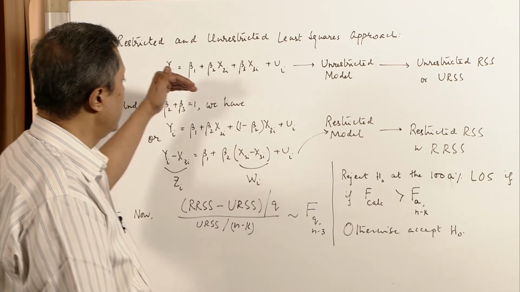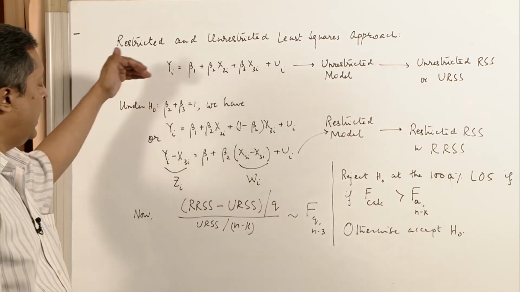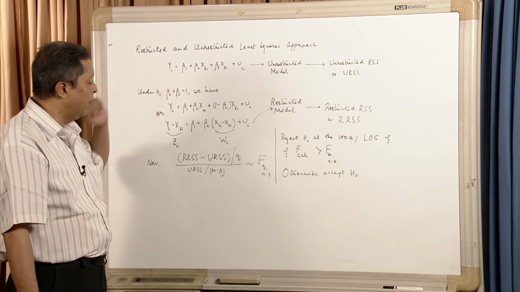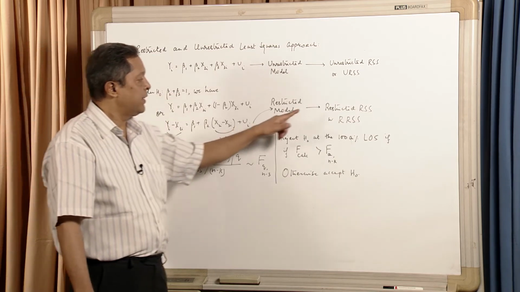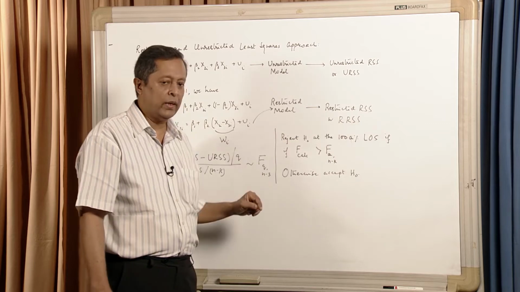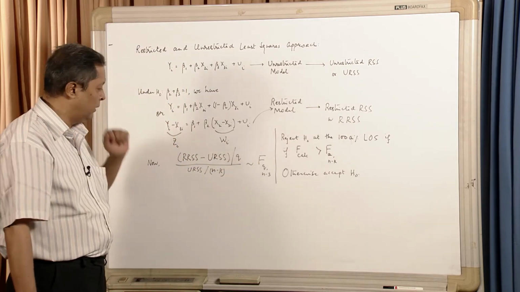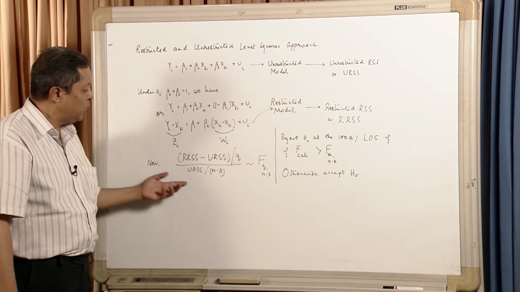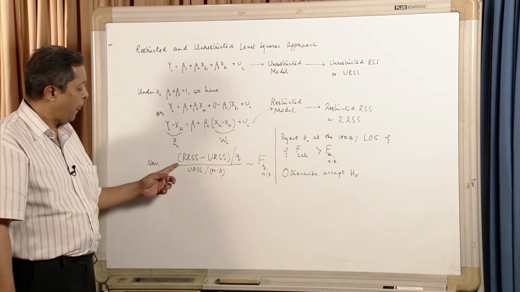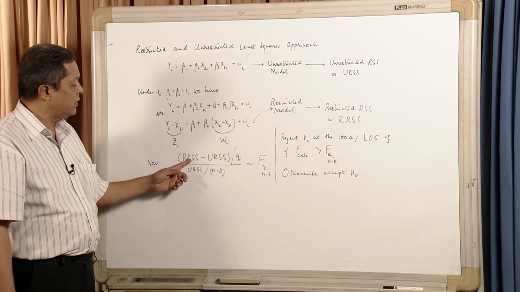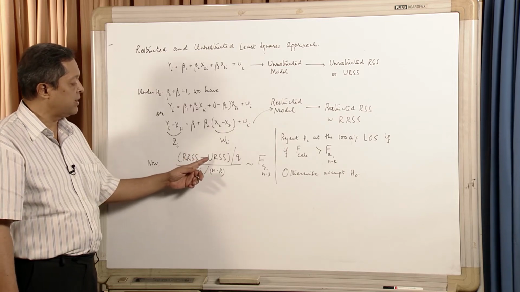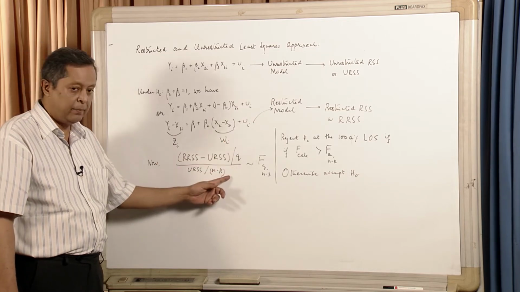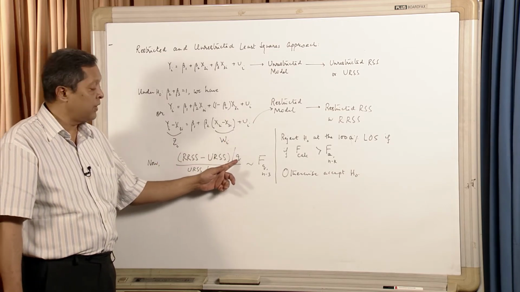So, we have an unrestricted model, the original model, and we put in the linear restriction, that is H naught: beta 2 plus beta 3 equal to 1, and we obtain the restricted residual sum of squares from the estimate of the restricted model. Then the rest is very simple. We compute the F statistic as the restricted residual sum of squares minus the unrestricted residual sum of squares divided by the number of restrictions.